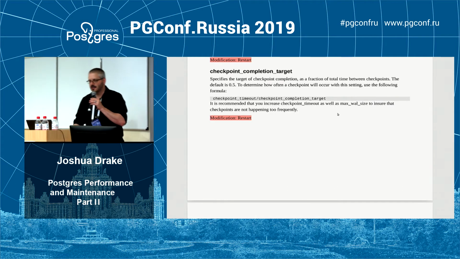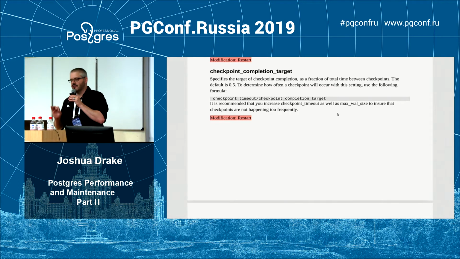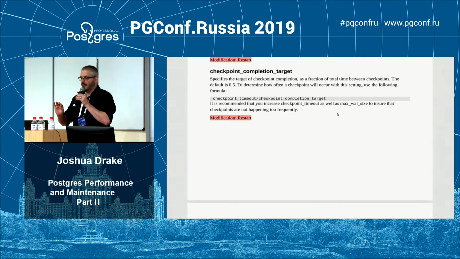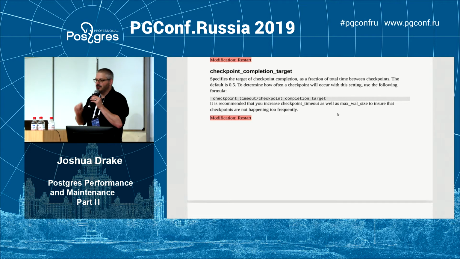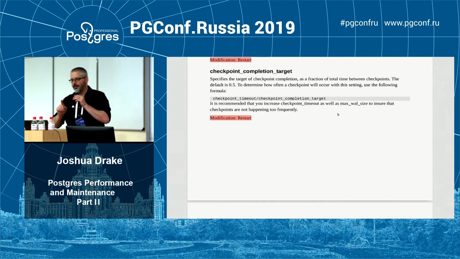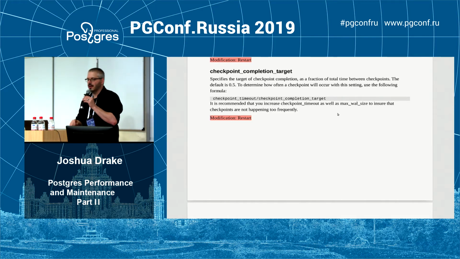The problem is, this specifies the target of checkpoint completion as a fraction of total time between checkpoints. The default is 0.5. To determine, here's the key, to determine how often a checkpoint will occur with this setting, use the following formula. Checkpoint timeout divided by checkpoint completion target.